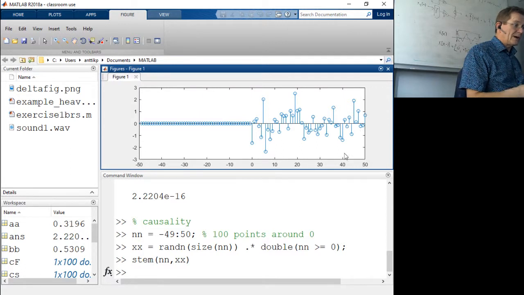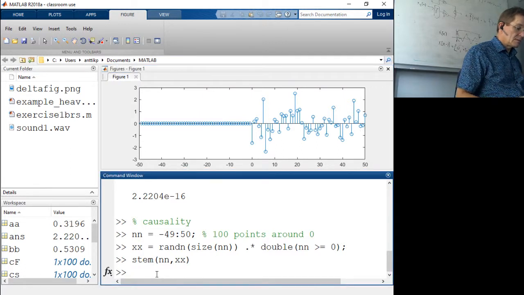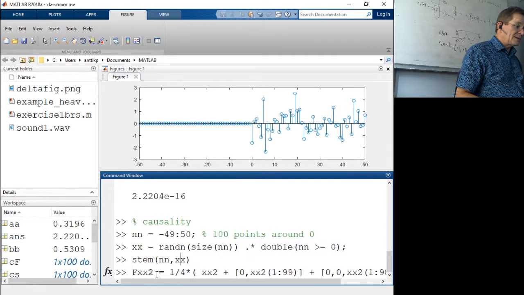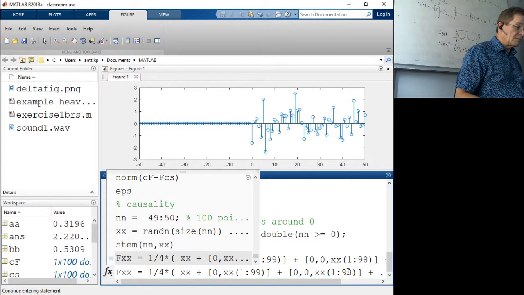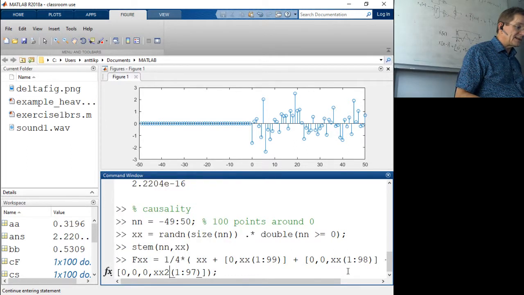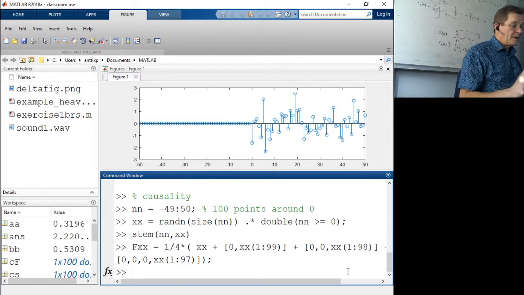So now I'm calculating the output for the system, which would be F something. Okay, I start with the FS. I calculate the FXX. Just do some editing here. There, that's the output of my signal test vector.